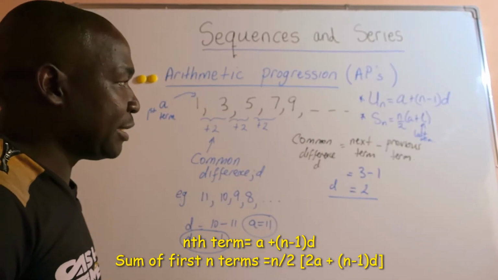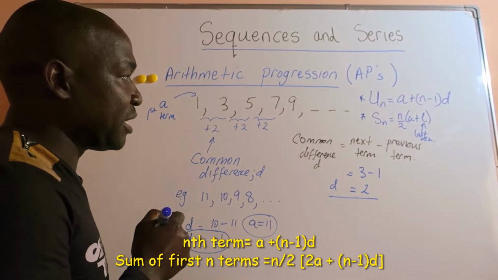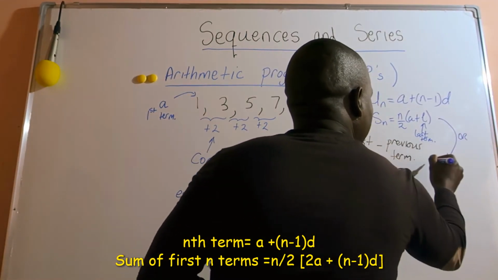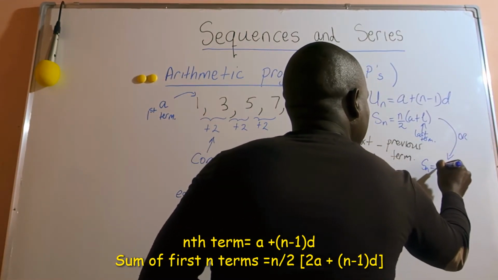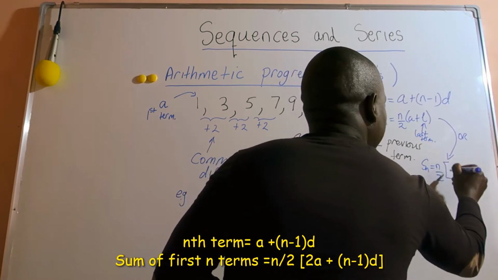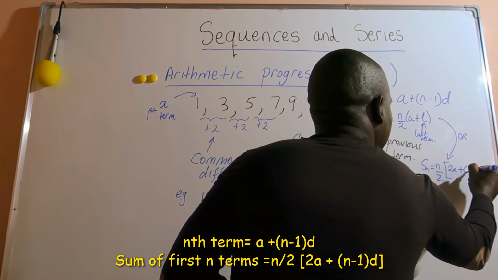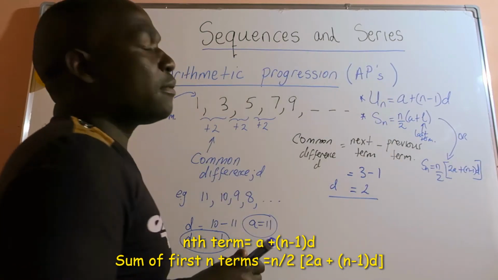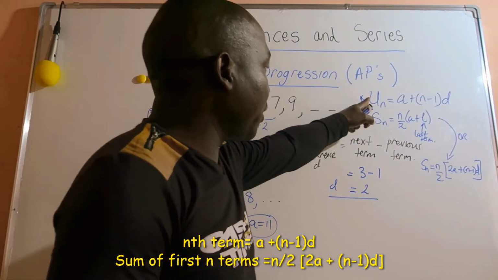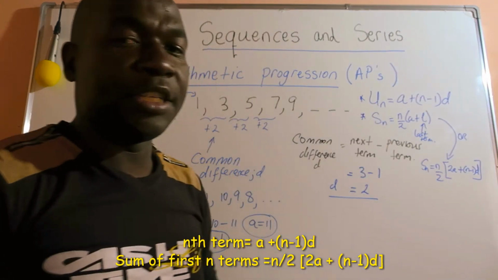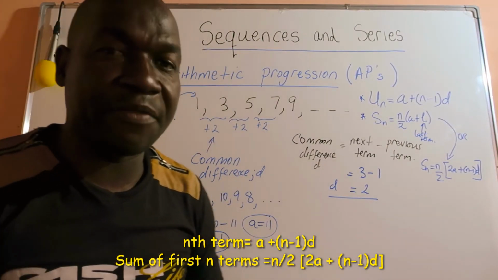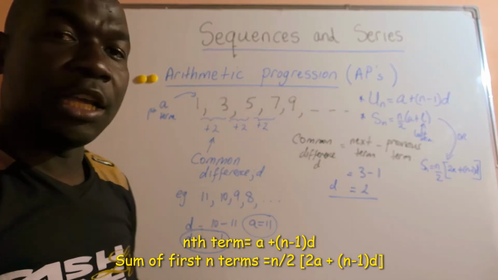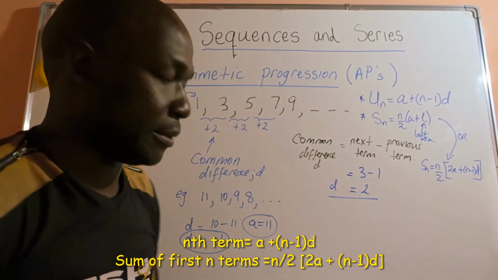Sometimes you don't have the last term, so an alternative formula given for the sum of n terms is n over 2 brackets 2a plus (n minus 1)d. These two formulas are provided in the MF19. Your only task is to apply them in problems involving sequences.